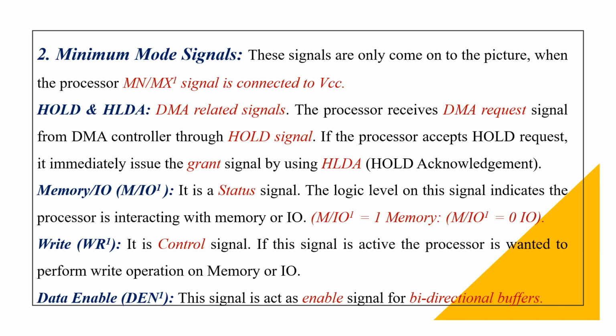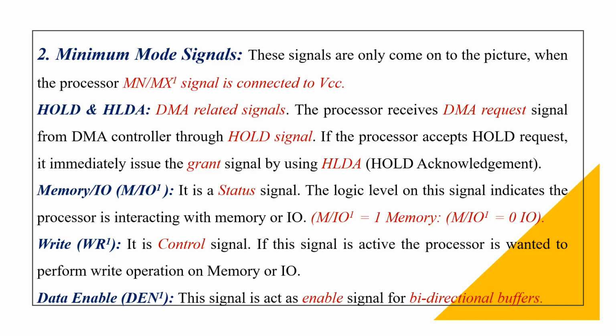HLDA means hold acknowledgement. HOLD and HLDA together do direct memory access operation between an IO device and a memory with the help of a DMA controller. While a DMA operation is going on in our system, our processor is logically disconnected from the system bus. At that time the CPU can't sit idle; it can do data processing functions by using its internal resources.